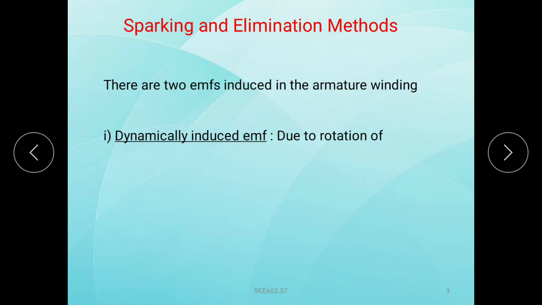The first one is dynamically induced EMF, due to rotation of the armature conductors in the magnetic field.